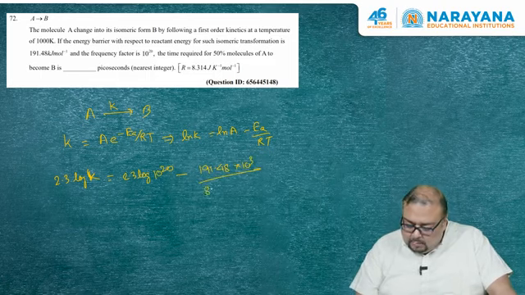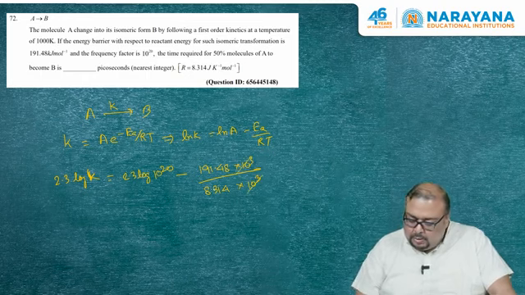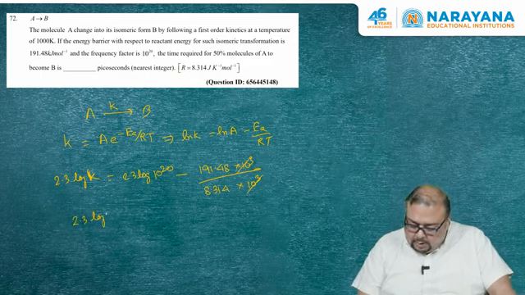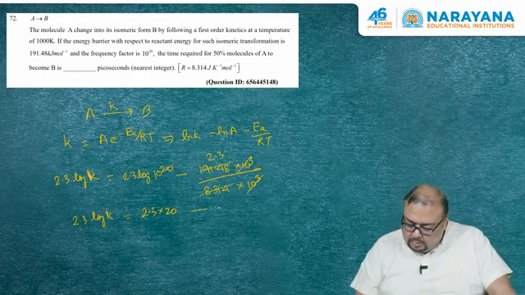By R is 8.314 into 10 to the power 3. So this will cancel out because temperature is 1000 Kelvin, and you will be getting 2.3 log of K is equal to 2.3 into 20 minus this value will come close to 2.3. So just, sorry, into 10.